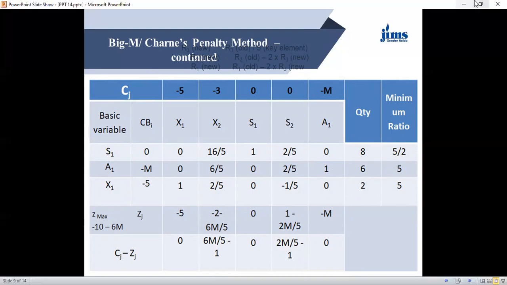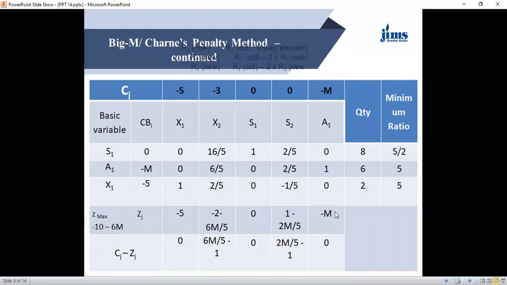Now again, we calculate the Zj value. Zj value is equal to 0 into 0, 0, 0 into minus 5, 0, 1 into minus 5 is equal to minus 5. Similarly, 16 by 5 into 0, 0, 6 by 5 into minus m is minus 6m by 5. 2 by 5 into 5 means minus 2. So then it becomes minus 2 minus 6m by 5.